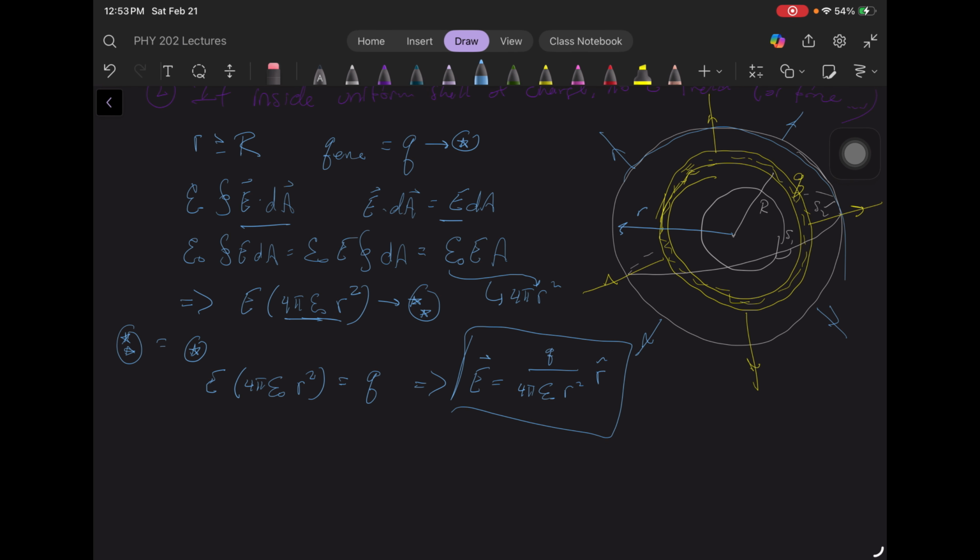That's the exact same as the electric field due to a point particle. So we found the same electric field as with a point particle at charge Q.